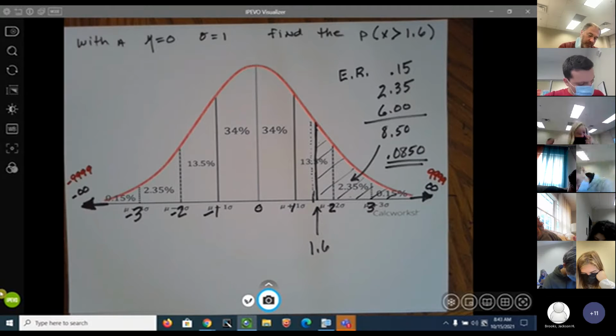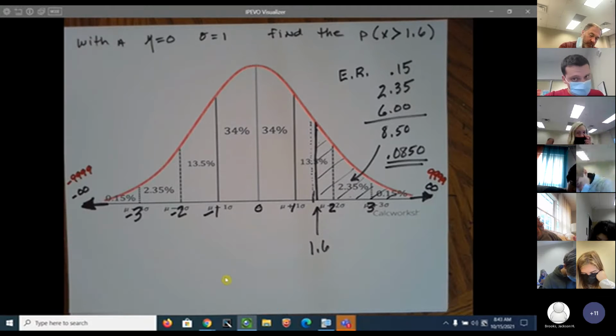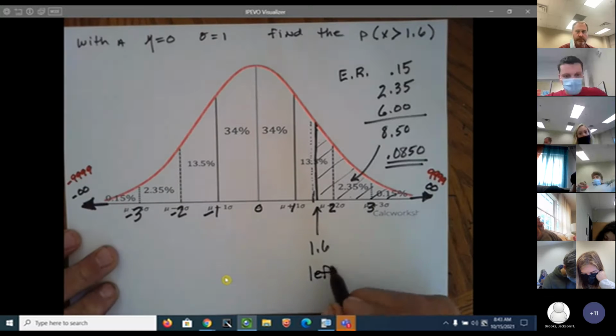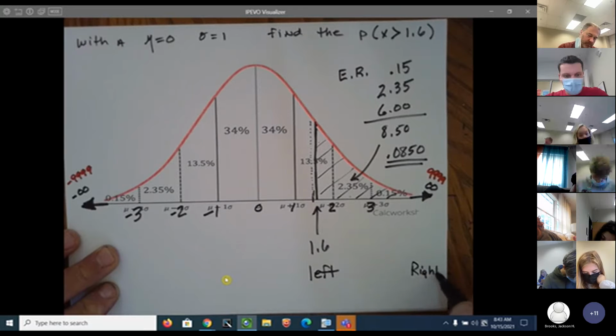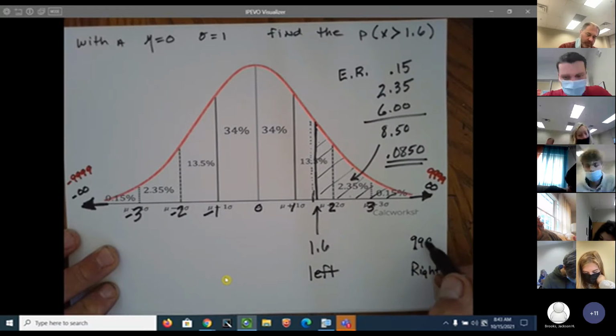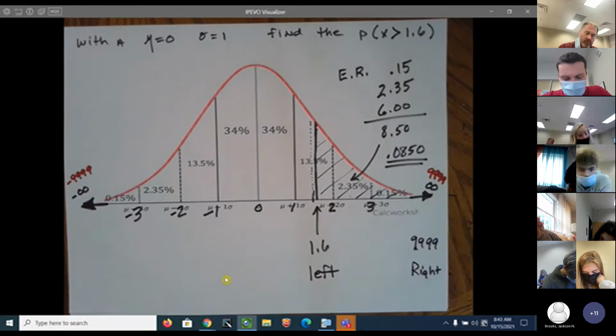So somebody tell me, which way do we read? Left to right. So what's our left parameter? 1.6. What's our right parameter? Positive infinity or 9999, exactly. Now all you got to do is type that in the calculator.